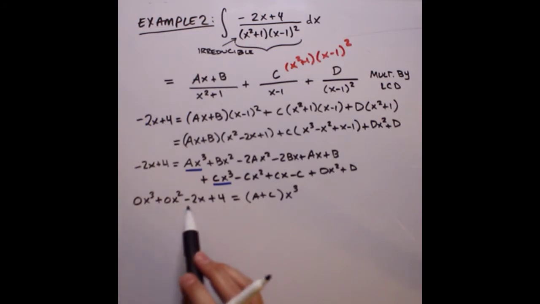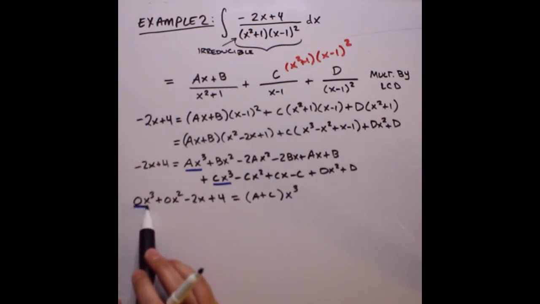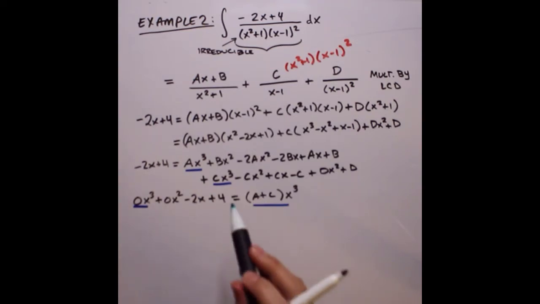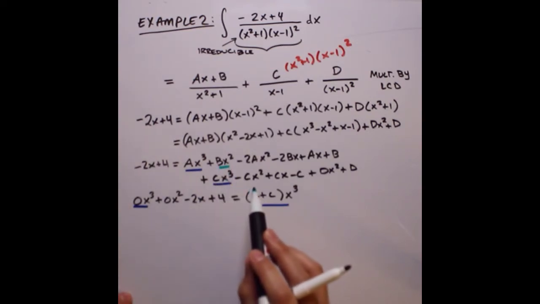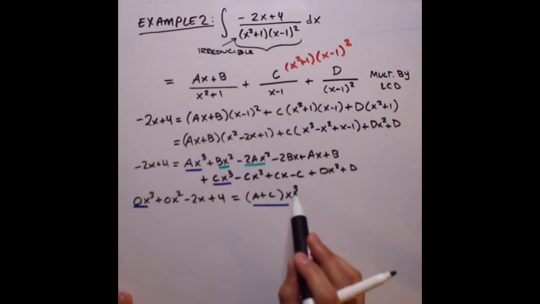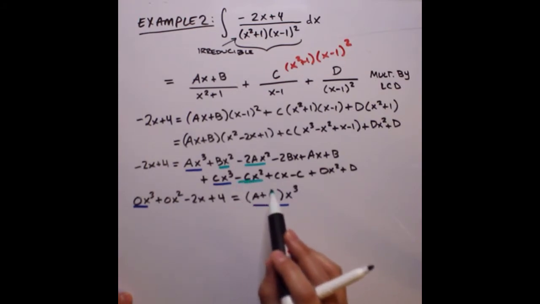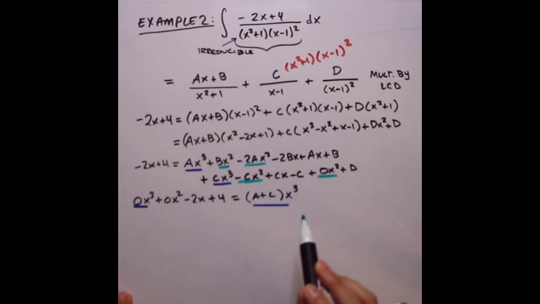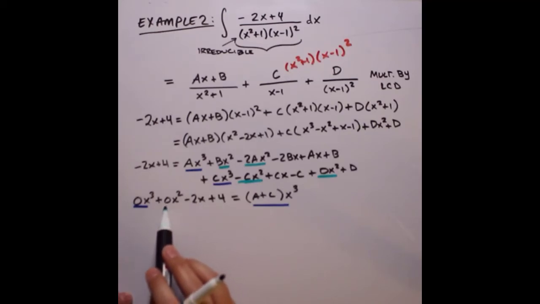And that's going to end up lining up with this term here. Okay, let's go on to the next one. Look for x squared, so bx squared, negative 2ax squared, negative cx squared, and dx squared. Okay, and that's going to line up with 0x squared from here.